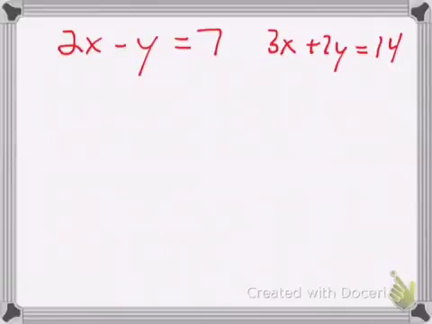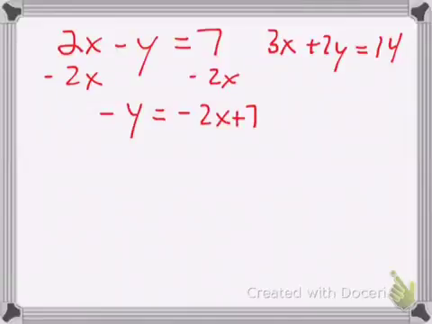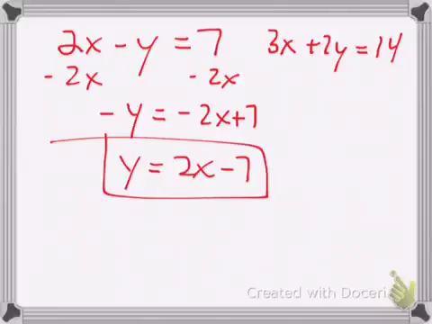If we're going to solve by graphing, I have to put them in what form to put them in the calculator? Slope-intercept form, right? So if you subtract 2x from here, that gives us negative y equals negative 2x plus 7. Y equals 2x minus 7. That's right. We can go through and change all the signs and do this.